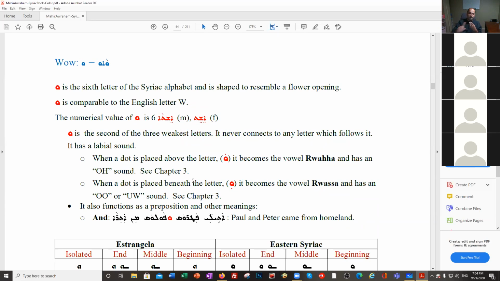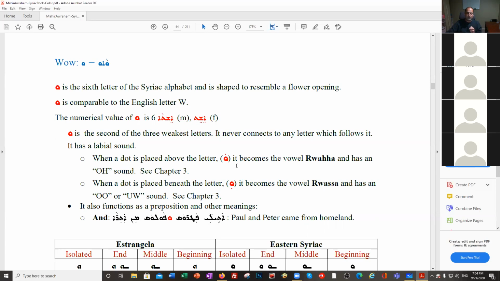From waw, from this letter, two vowels are derived. Rwaha, when I have a dot above it, is u, and rwasa, when I have a single dot under the waw, is u. Again, like I mentioned before, when I have a single dot on waw or single dot under the waw, these are not letters anymore.